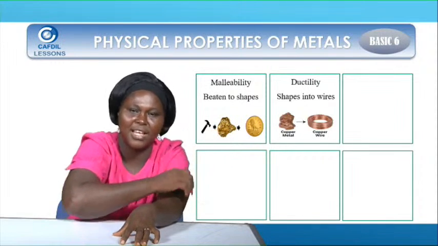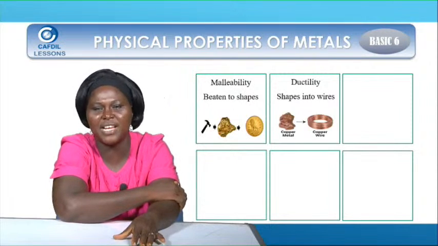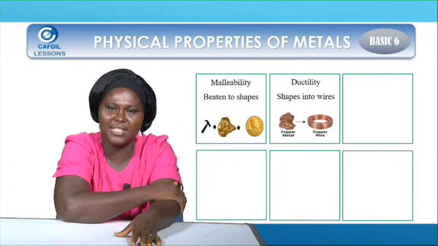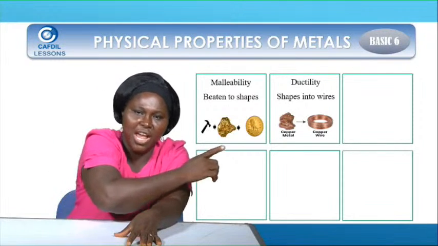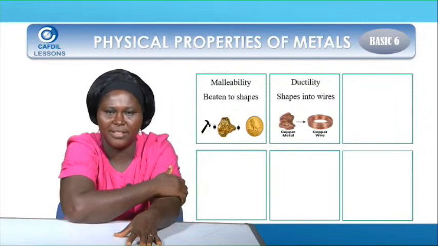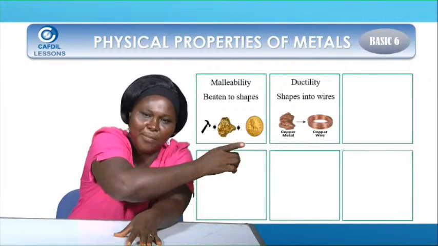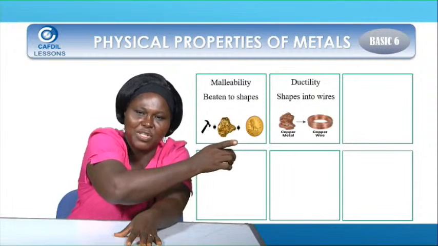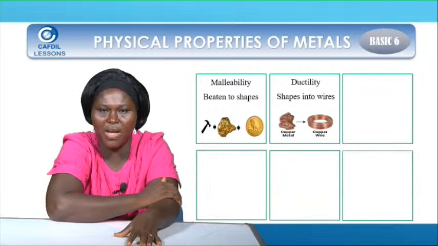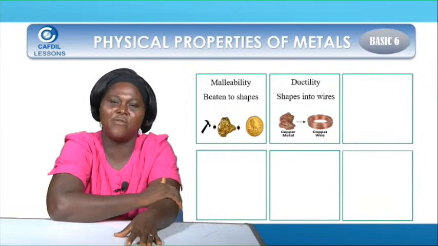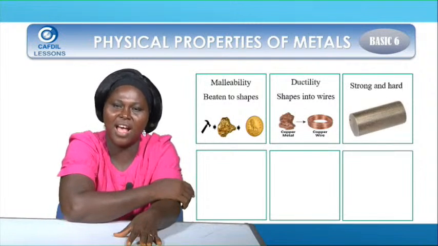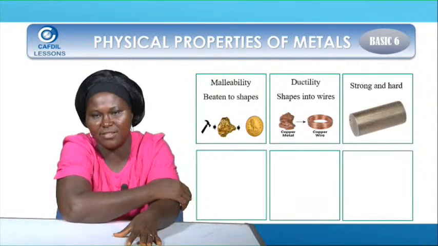Another property that we looked at is ductility. Ductility, shaping into wire. Let's look at the copper metal, and it has been shaped into copper wire. So we have malleability, we have ductility, and metals are strong and hard.